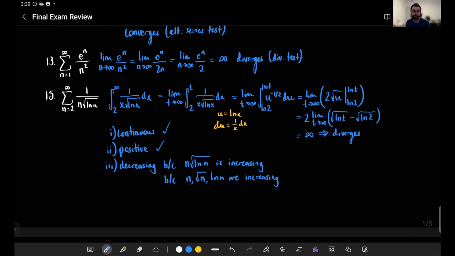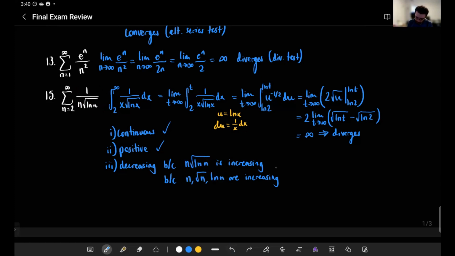And the product of positive increasing functions is increasing. So going backwards, these are increasing, so their product is increasing. Also, their composition, the square root of the log, will be increasing. And since that's increasing, when I take the reciprocal, 1 over that should be decreasing. Again, because it's positive, you're allowed to do that.